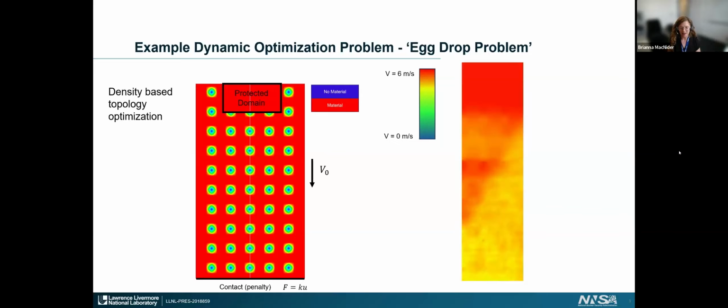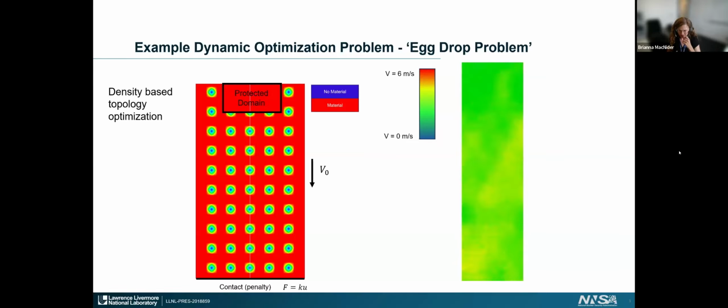And this bottom boundary has a penalty contact on it. So the idea is that as our structure moves down with its initial velocity, it will cross over this bottom boundary and then get a kickback force similar to having hit the ground. This kickback force is going to propagate up through our structure into our protected domain, and we're trying to optimize to protect that region at the top.